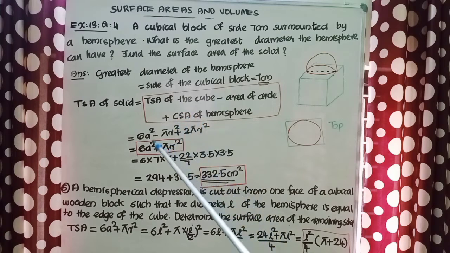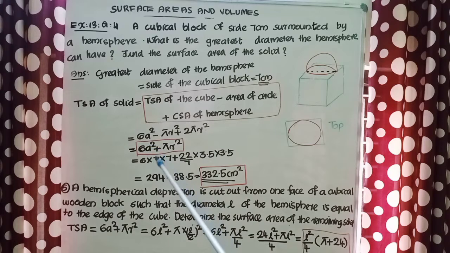So that is equal to 6a square minus pi r square plus 2 pi r square. That is equal to 6a square plus pi r square. So this is a general formula we are using in these type of questions. So here we can give the values.